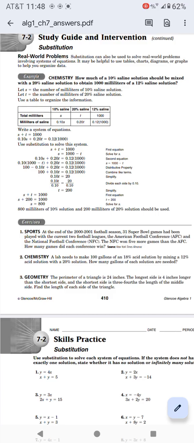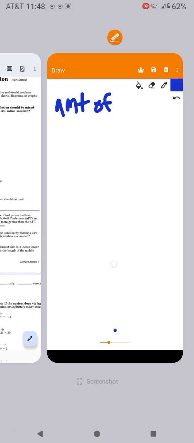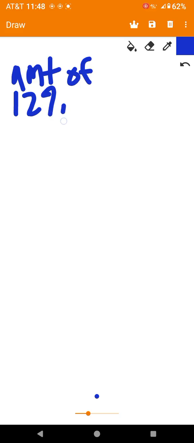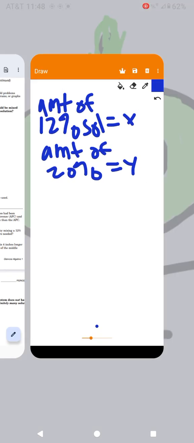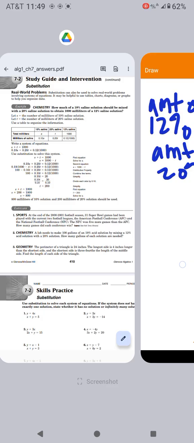We don't know how much of the 12% solution we need, so we can represent that by X. And we don't know how much of the 20% solution we need, so we can represent that by Y. So the amount of 12% solution is equal to X, and the amount of 20% solution is equal to Y. This would be the number of gallons that we need.